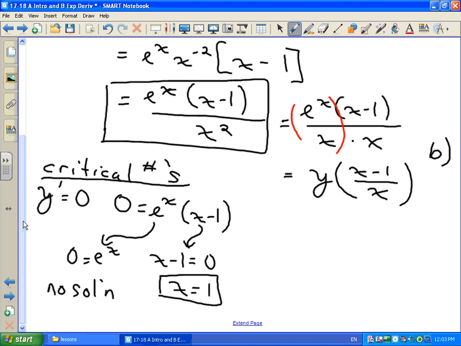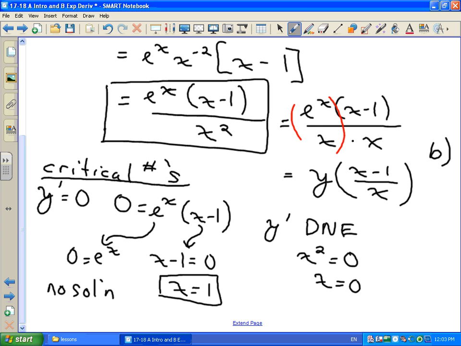What about where y prime does not exist? Yeah, where x squared equals 0, or at x equals 0. Now, is this a critical number?